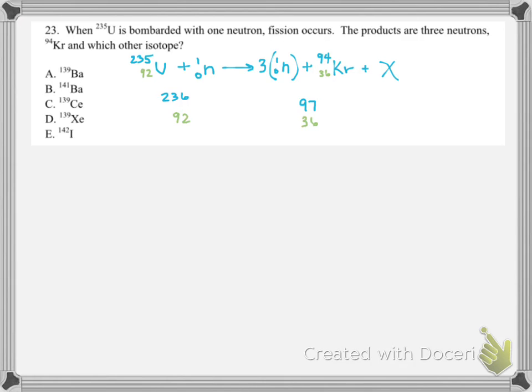Okay, and so we know we need to have the same number of particles on both sides of the reaction. And so we can just think 97 plus what would give me the 236 that I originally started with.